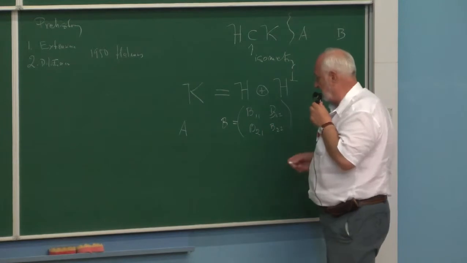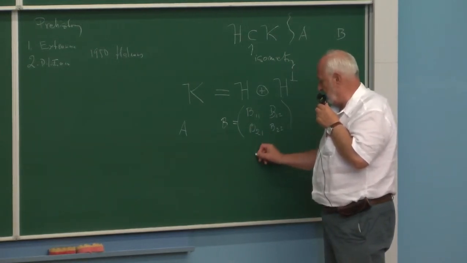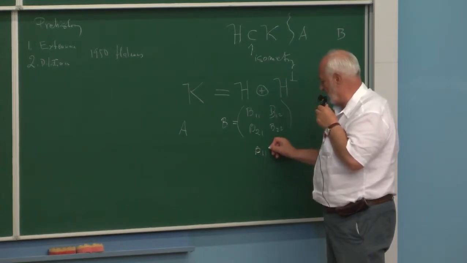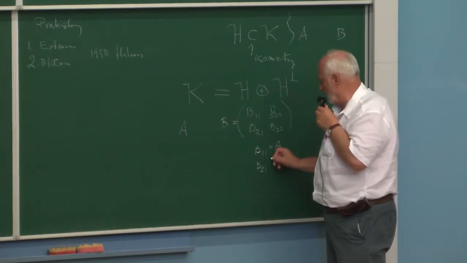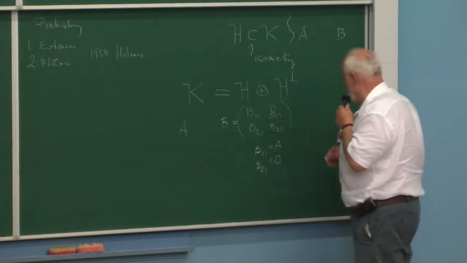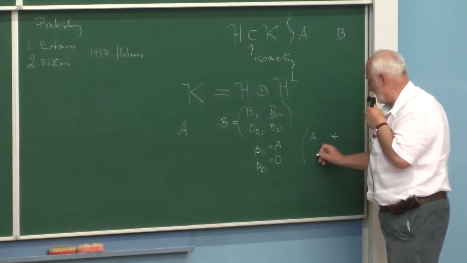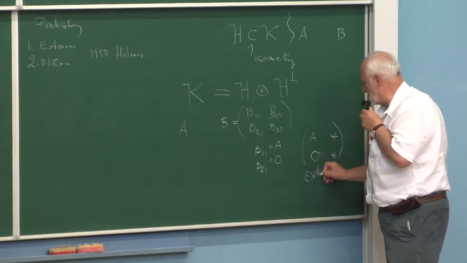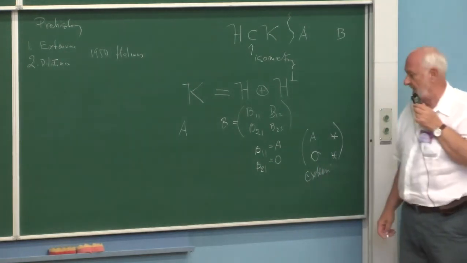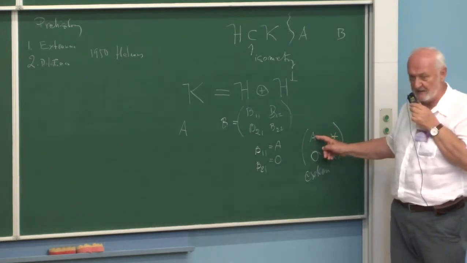One possibility is if we have B1,1 equal to A and B2,1 equal to 0, then the matrix looks like this. Here is whatever, here is another whatever, and here is a 0, and we say that it is an extension. This matrix is an extension of operators.